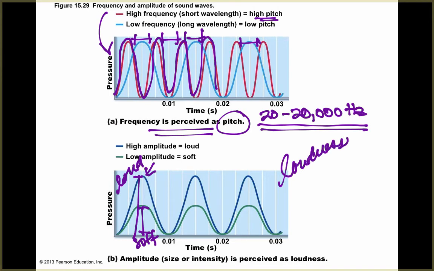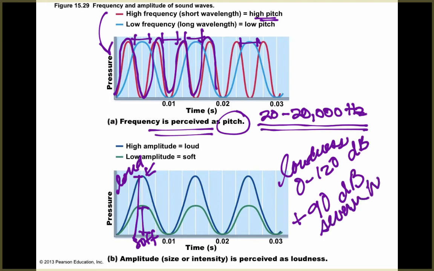The normal range here is 0 to 120 decibels. If you have prolonged hearing of above 90 decibels, this can cause severe hearing loss. Just to let you know, an amplified rock concert is normally about 120 decibels or more.